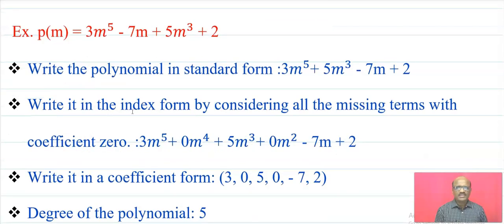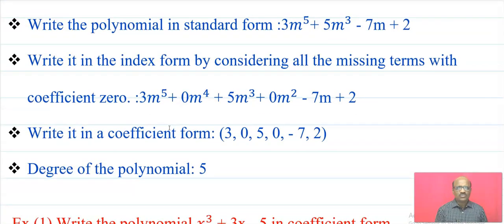Write it in the index form by considering all the missing terms. What are the missing terms? m raised to 4 is missing. Therefore, it can be written as 3m raised to 5 plus 0m raised to 4 plus 5m raised to 3 and 0m square, since the square term is also not there, minus 7m and plus 2. What are their coefficients?